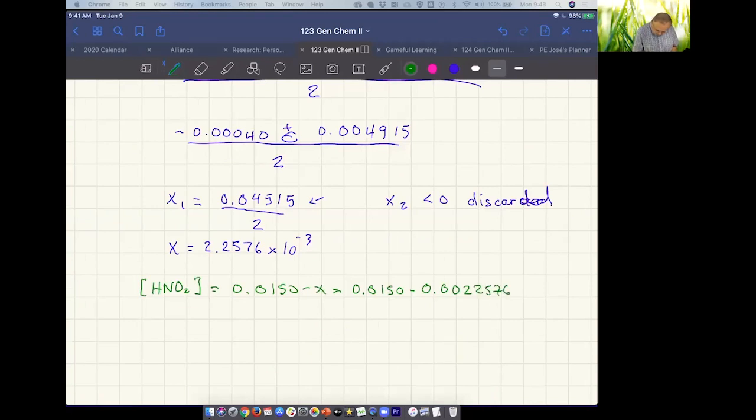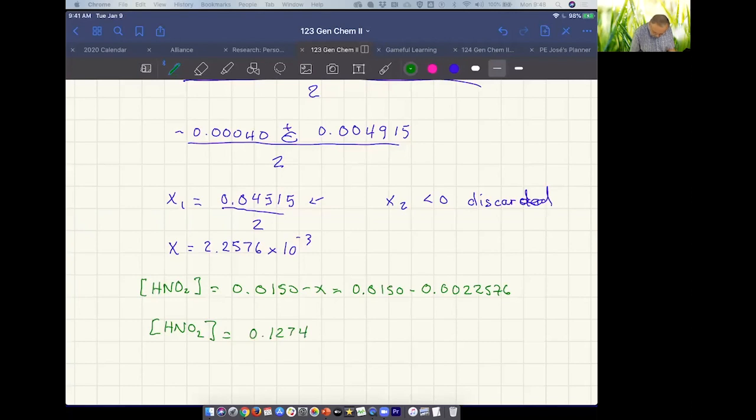So the concentration of HNO2, we can calculate it now by subtracting those two numbers. So 0.0150 minus the answer that I got before is going to be 0.1274. And that's going to be, excuse me, I skipped a 0.